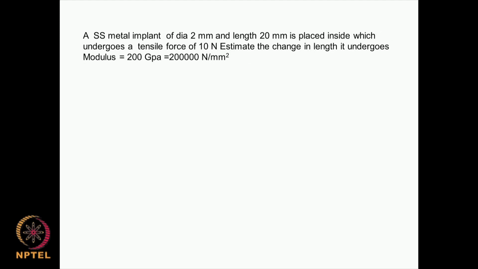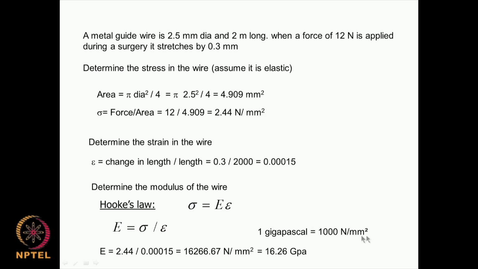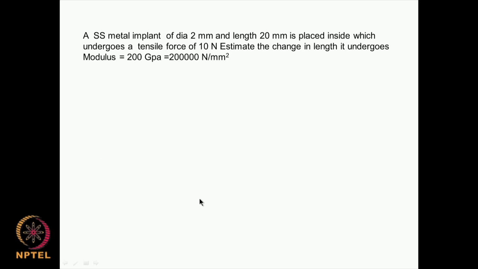Okay. Let us look at another problem. A stainless steel metal implant of diameter 2 millimeter and length 20 millimeter is placed inside, which undergoes a tensile force of 10 Newton. Estimate the change in length it undergoes, modulus is 200 gigapascal. As I said in the previous slide, 1 gigapascal is 1000 Newton per millimeter square.